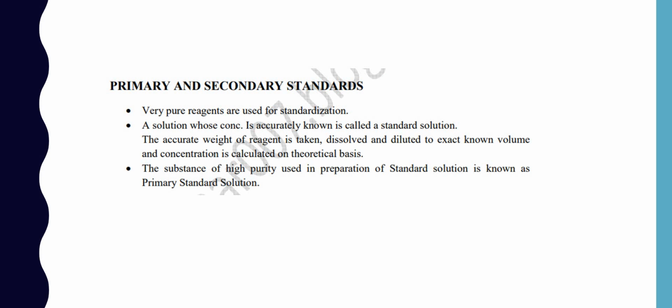Next is primary and secondary standards. What are primary standards and what are secondary standards? We understood that. A primary standard is a standard substance which is accurately known. Each and every property of it we have known accurately. Secondary standards are the substances which we have standardized with the help of a primary standard as a reference.